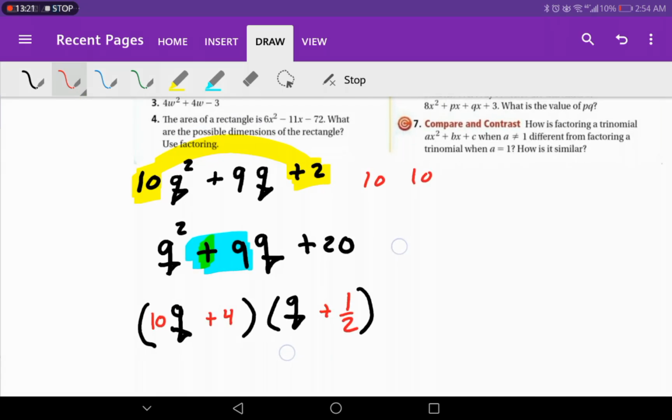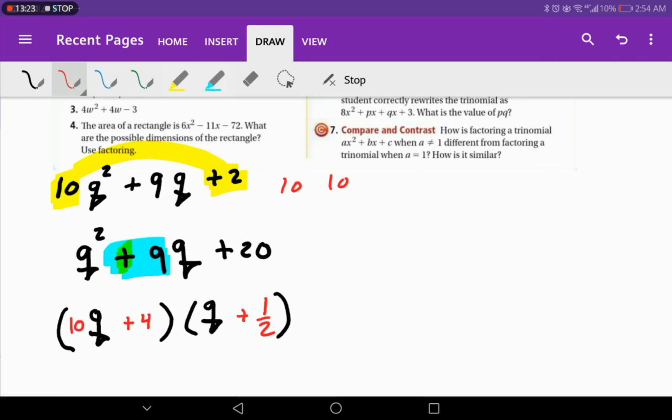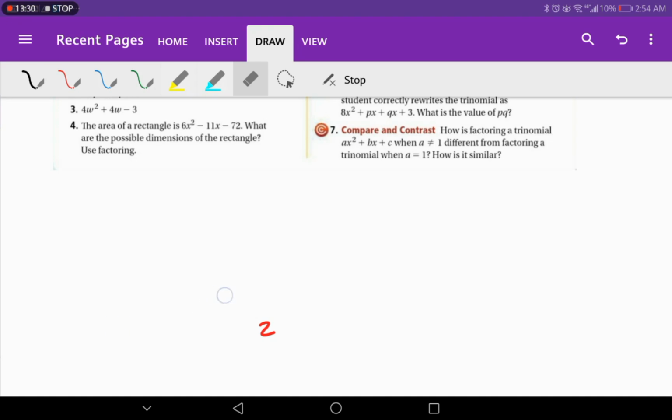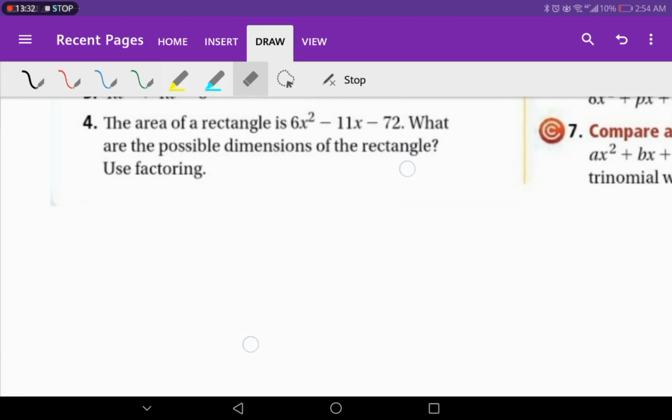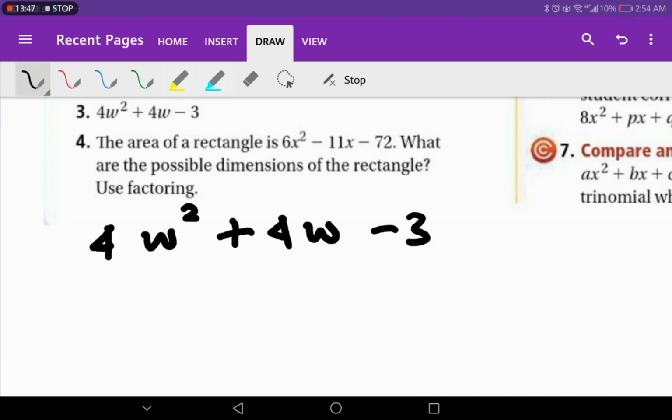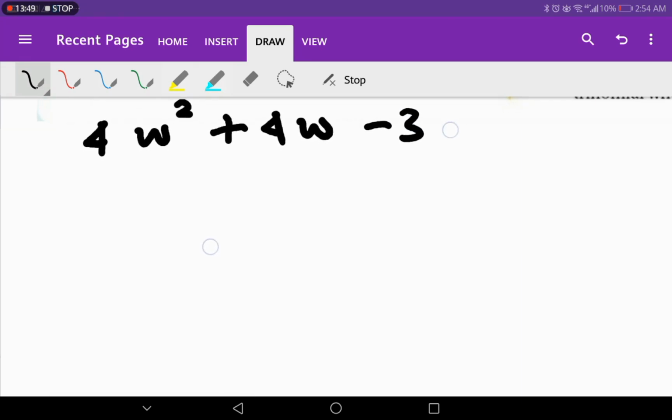Okay, my dear student, are you happy with that? Let's do one more for you, and your life will be beautiful and easier, my dear student. Are you happy with that? I hope so. Let us take number 3. Number 3 is 4w square plus 4w. Actually, every time you do the same steps.